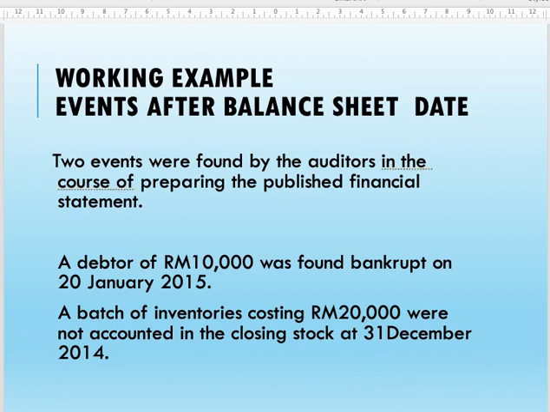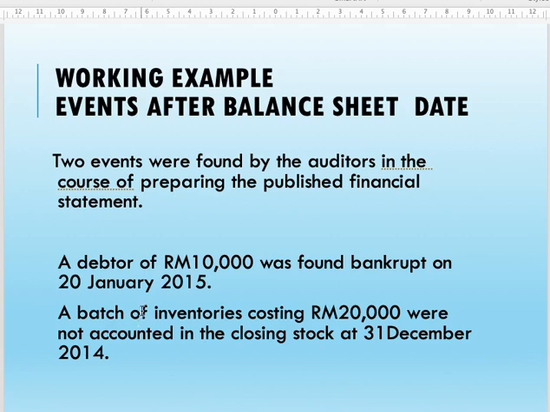Now, what is this? Two events were found by the auditors in the course of preparing the published financial statement. A debtor of 10,000 was found bankrupt on 20th January 15. A batch of inventory costing 20,000 was not accounted for in the closing stock at 31st December 14. So now the financial statement that you prepare is 2014.